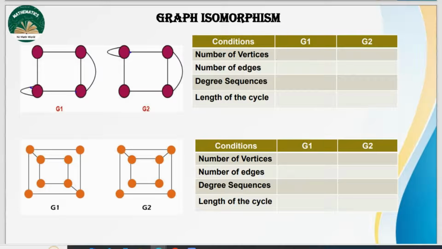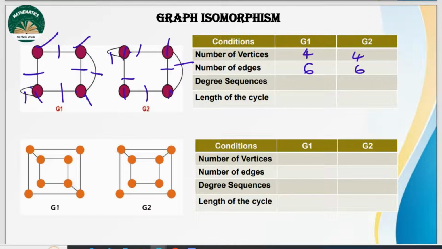To prove isomorphism, we first have to find the number of vertices. We have 4 vertices, 1, 2, 3, 4, and in the other one also we have 4. Then the edges are 1, 2, 3, 4, 5, 6, so 6 edges. Here also there are 6 edges.